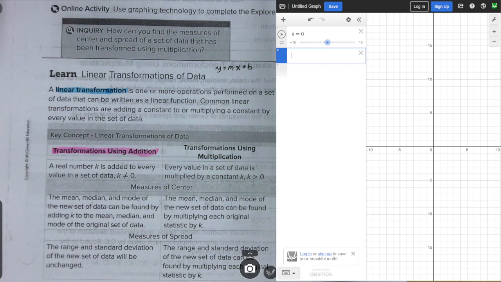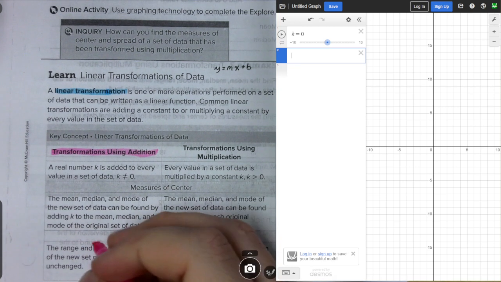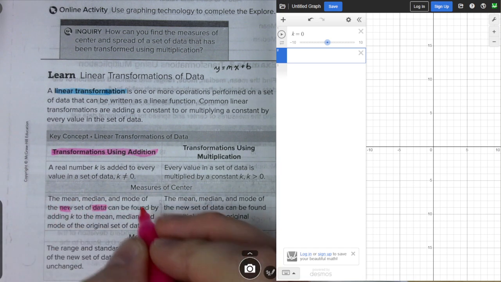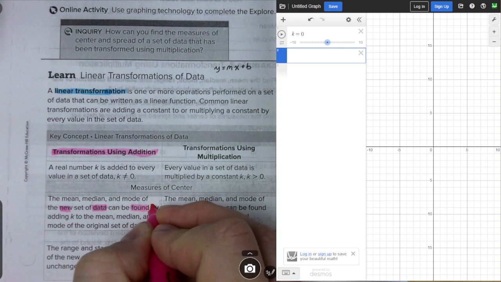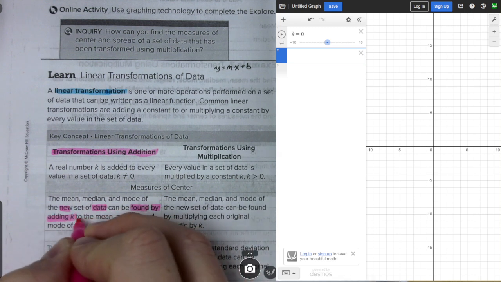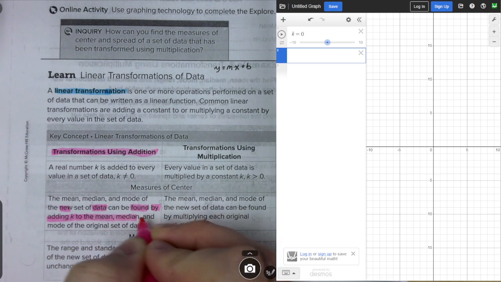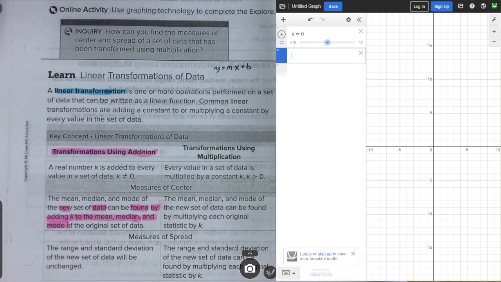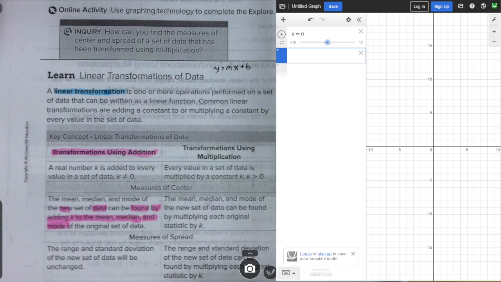The mean, median, mode of the new data set can be found by adding k to the mean, median, and mode. Again, very straightforward. The range and standard deviation do not change.